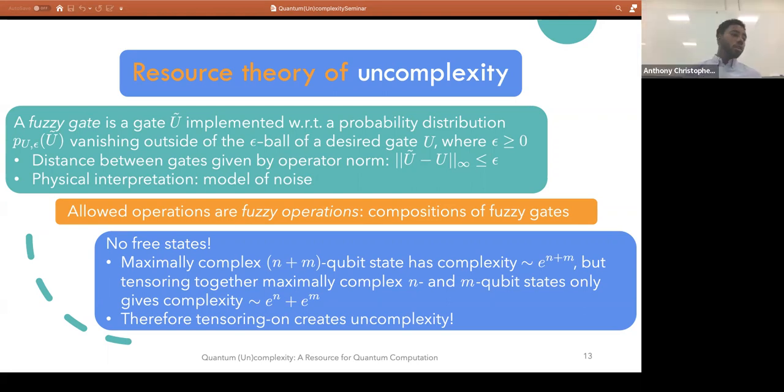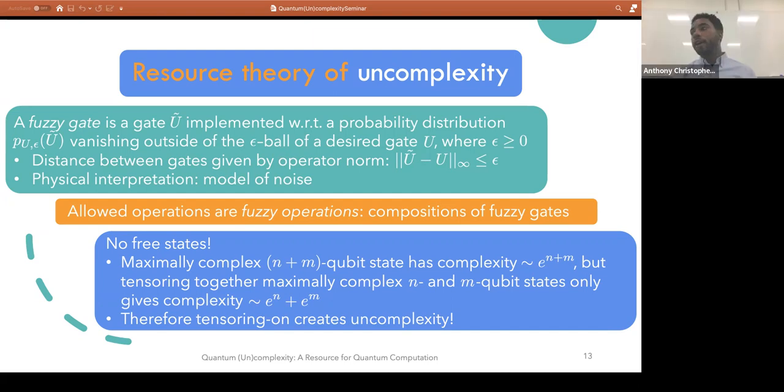So it's like a quantum channel, and the invariant states of the quantum channel would be your free states. But there are no pure states that are invariant under this quantum channel because you're injecting noise. Indeed, if you take the identity operator, under any set of fuzzy operations, it will just remain the same.